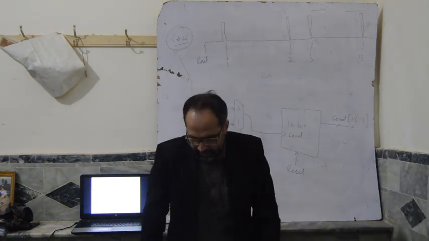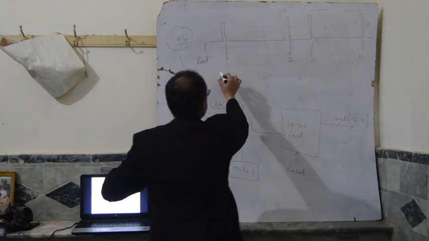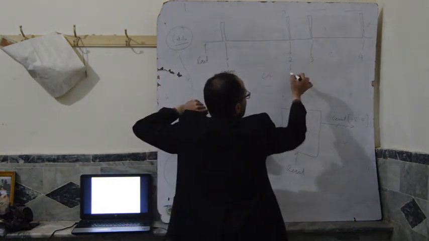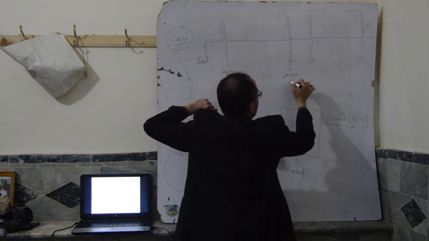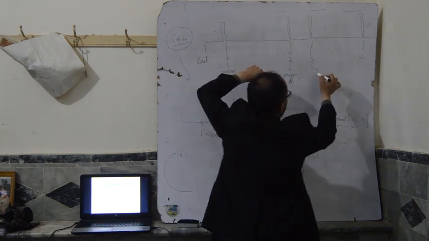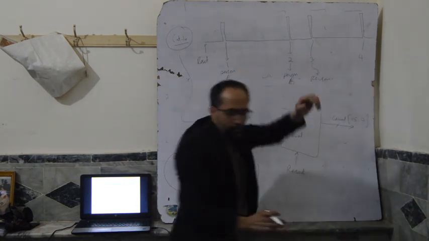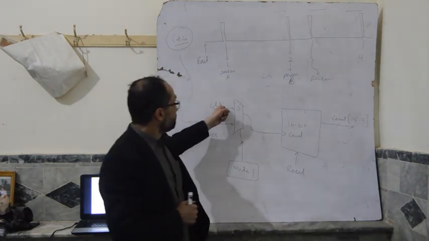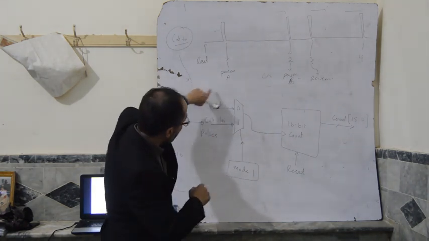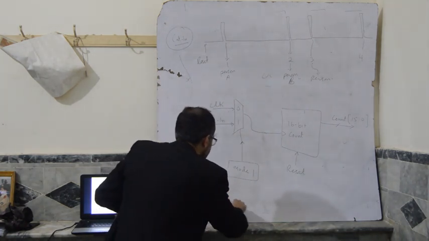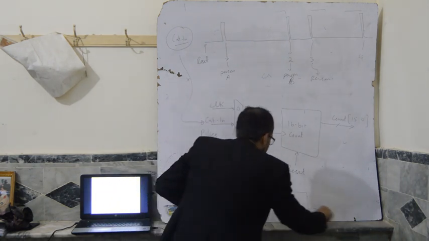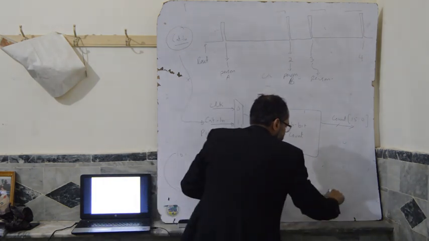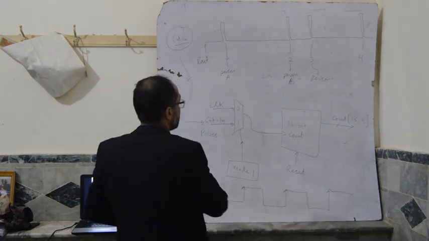Again, if another person passes, person A, it will generate a pulse. Person B passes, it will generate a pulse, and person 3 passes, it generates one. If no person is passing through this way, no pulse will be generated. If you are counting the clock, the signal is generated at regular intervals, but this pulse is generated at this point, at this point, and at this point.